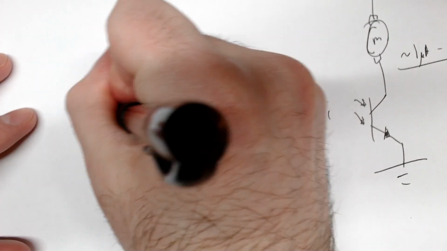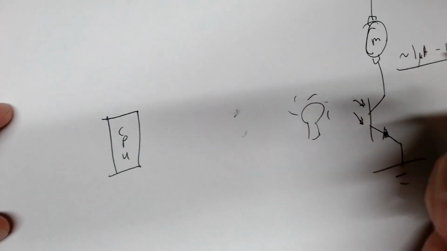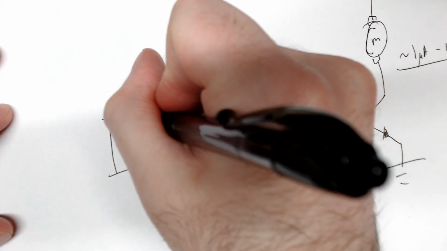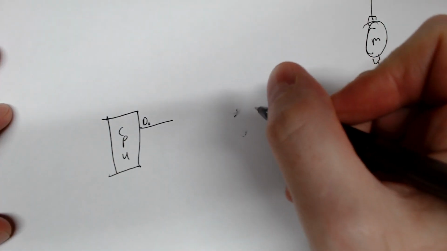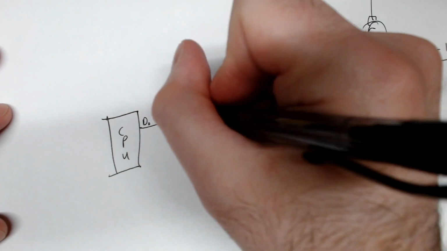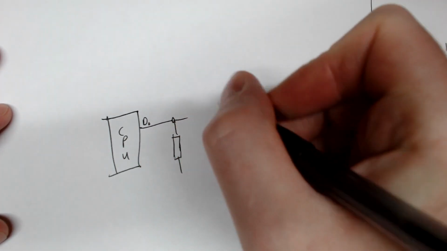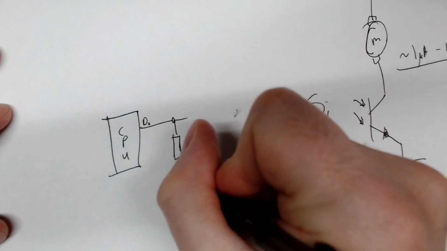Now, a lot of times you have some kind of processor, CPU, PPU, whatever you want, that has some data line, right? And that line you might want to have turn on. You might have some load or something that you want to turn on.